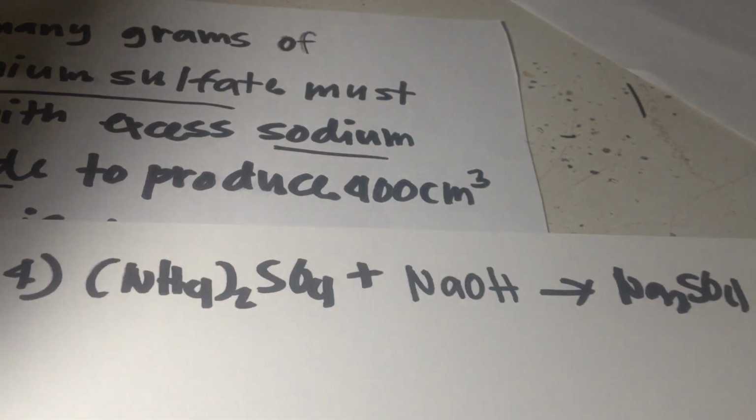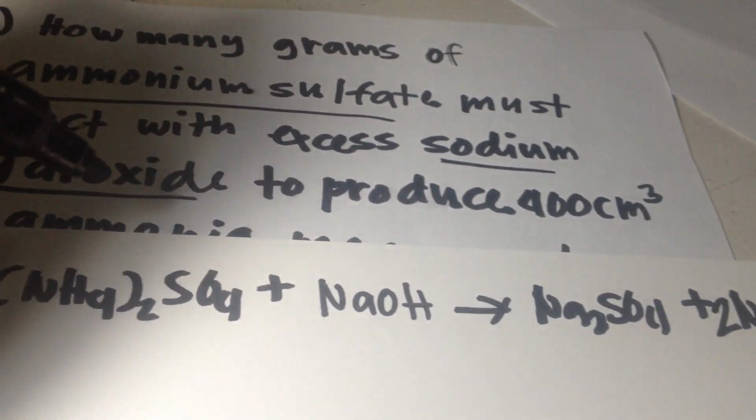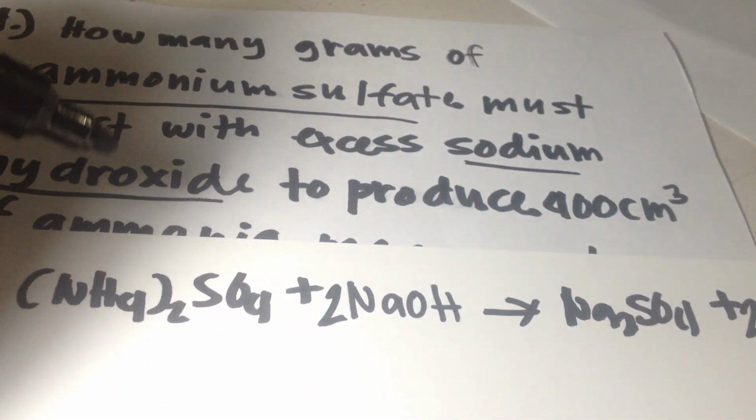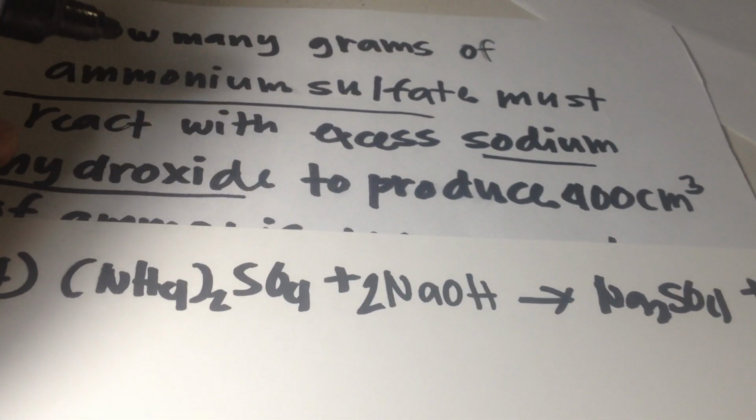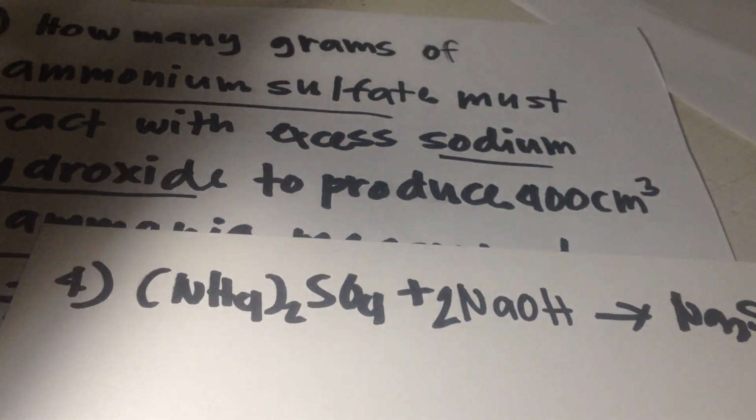So you need to balance the equation again. It is not perfectly balanced. So you put 2 water here and 2 ammonia here and then 2 sodium hydroxide here. So it's perfectly balanced.